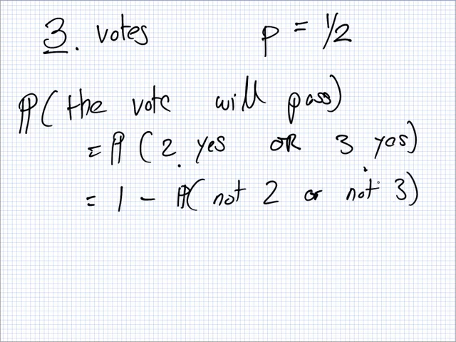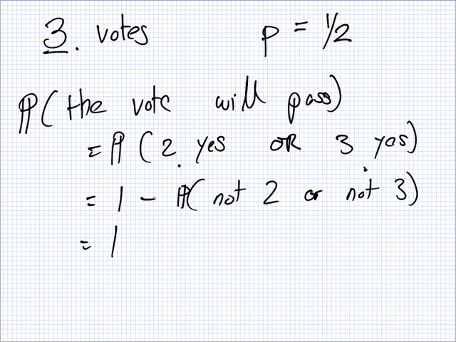So if I don't get 2 and I don't get 3, that means I got 1 or 0, I suppose. So actually it's not really quicker. It's the same as 1 minus the probability of 0 yeses or 1 yes. So I should have made this a bigger number, but it doesn't matter.